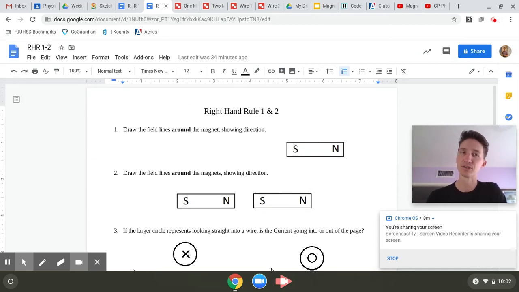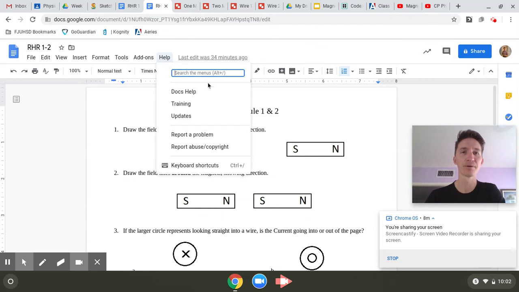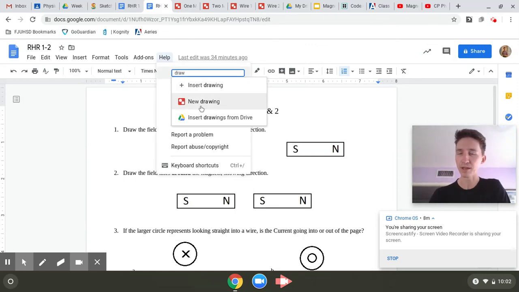Now, the solution that I've come up with, I didn't even know that we had this add-on within our Google Docs, and it's Google Drawings. When I even try to search it, it doesn't quite come up. I accidentally stumbled on it in Help. I just typed the word draw, and then, hey, new drawing became available. I hope it's available for you.